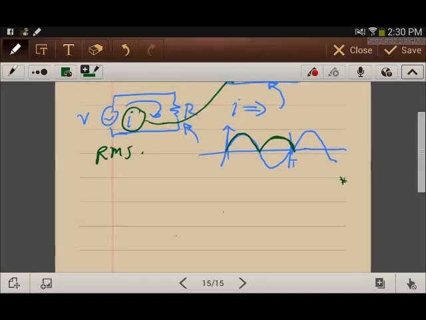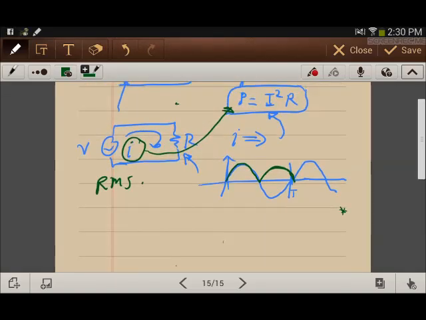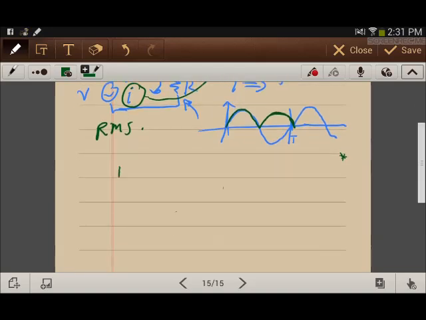Now if I want to find the effective value of the current that will produce the same amount of heat as this DC current produced in the first circuit, then I have to say that the average power in the AC circuit is 1 over T integral from 0 to T. We said earlier that it's v(t) i(t) dt, or I can say it's 1 over T integral from 0 to T of i(t) squared multiplied by R dt.